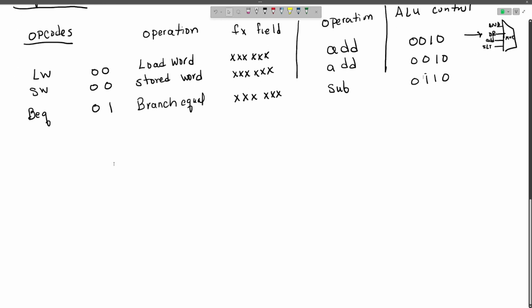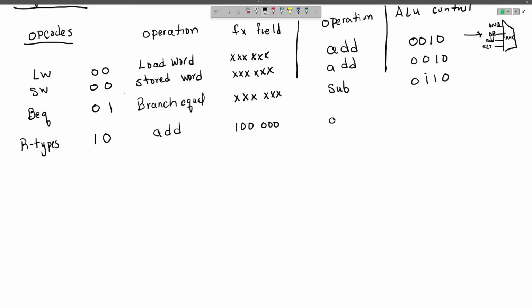And now we can go ahead and define our R type instructions. To do that, it's always going to be 1, 0. We want to add, and our function field will be defined as 1, 0, 0, 0, 0, 0.